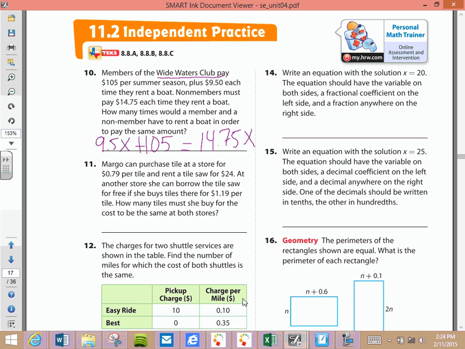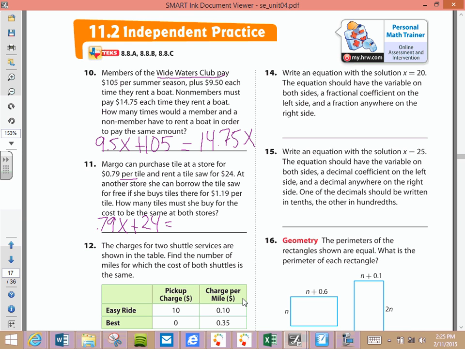Margaret can purchase a tile at a store for 79 cents per tile and rent the tile saw for $24. Do you have to rent that saw over and over again? No, it's one time. So we automatically know that is B. And that means that the other one per tile, that must be our X, our M, right? Plus 24.